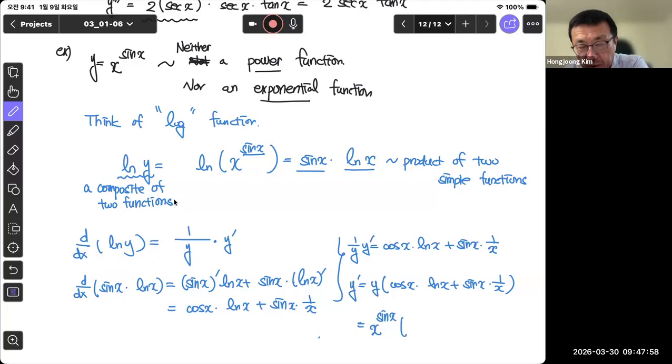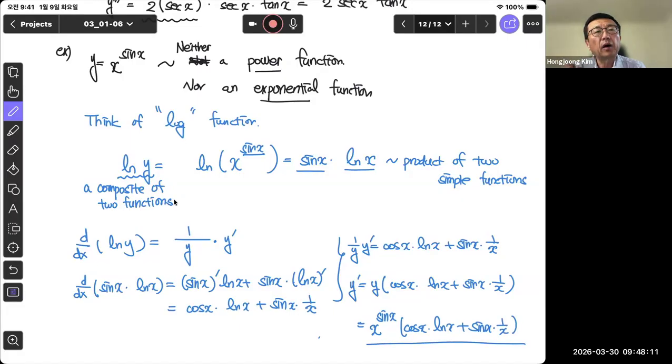So if you plug in that expression, we get the derivative of y with respect to x. So that is the derivative of x to the sine x.